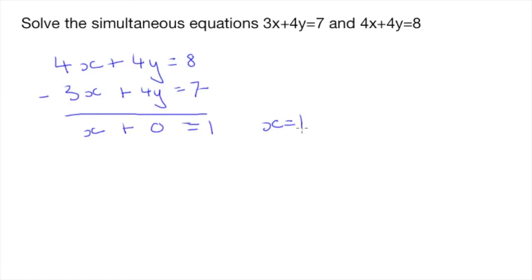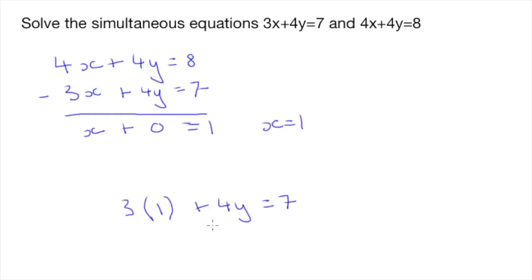Once you've found one of the variables, whether it be x or y, simply substitute that into one of the original equations and you'll find the other variable. So I'll sub in x is 1 into the first equation, 3x plus 4y is 7. So I'll get 3 times 1, which is x, plus 4y equals 7.